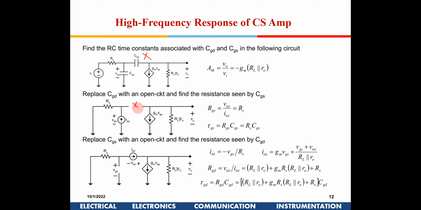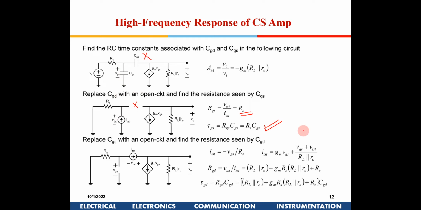So this is open circuited. Now if I write an equation, V test is equal to I test into RS. So V test by I test is RS. That is the resistance which will be seen by this capacitor. So the first pole will be RS into CGS.